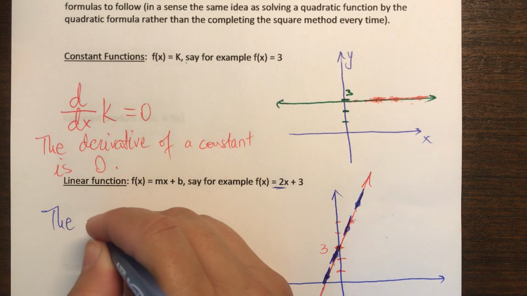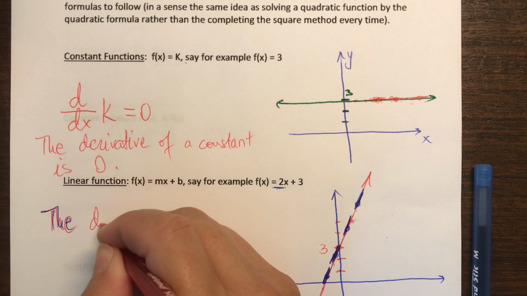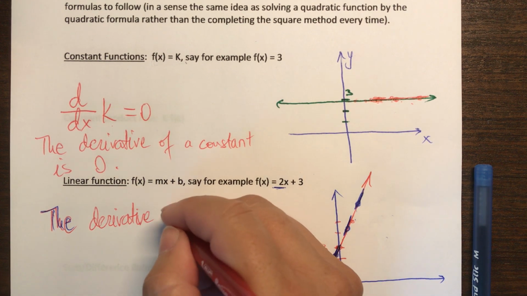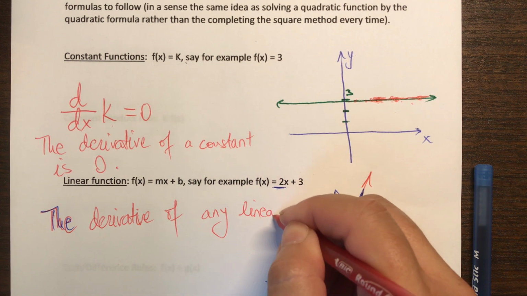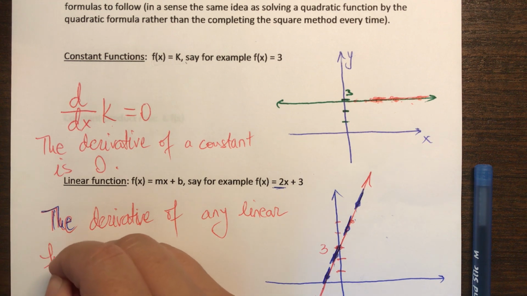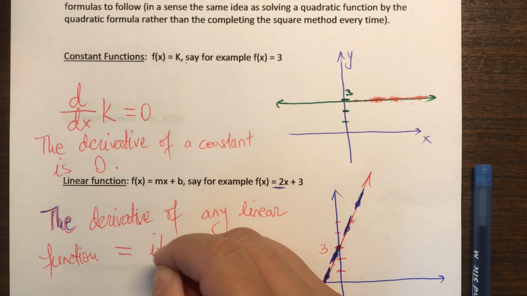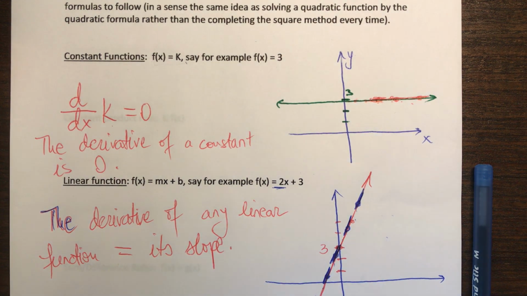So the derivative, if you write it in red, keep it consistent, of any linear function is equal to its slope. Okay. All right.